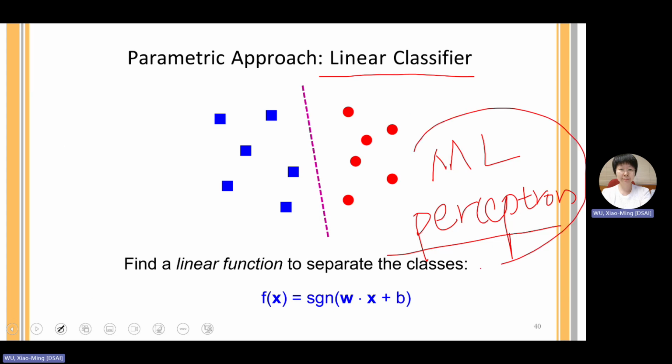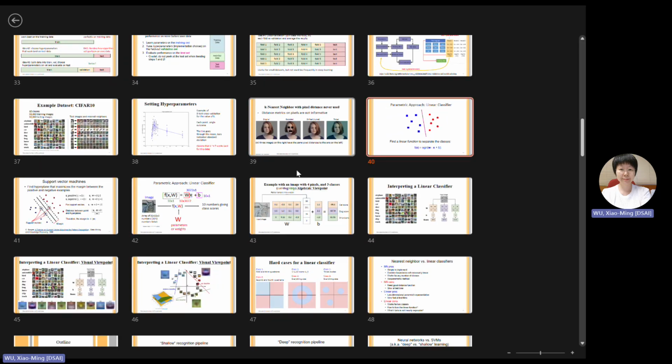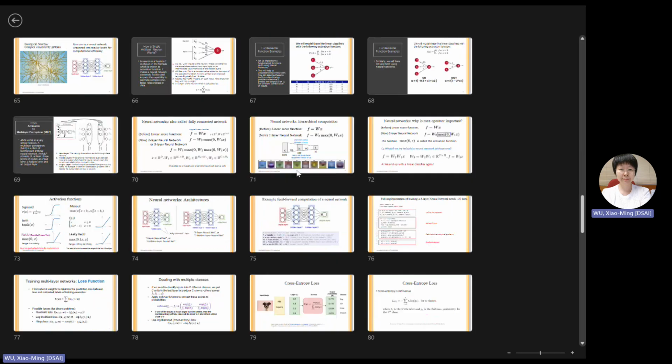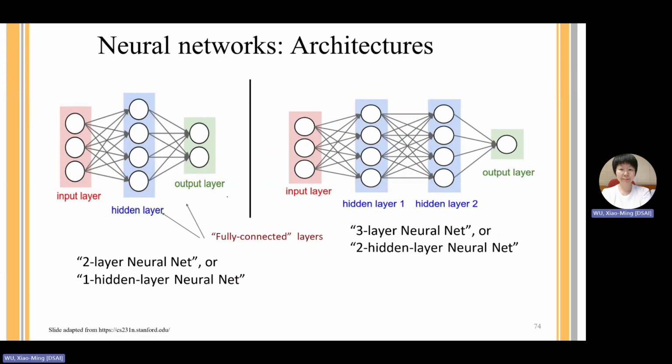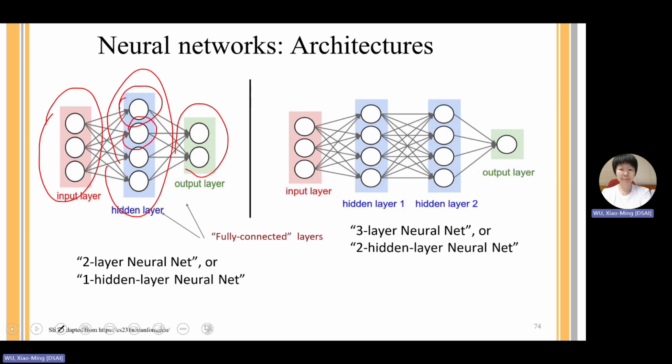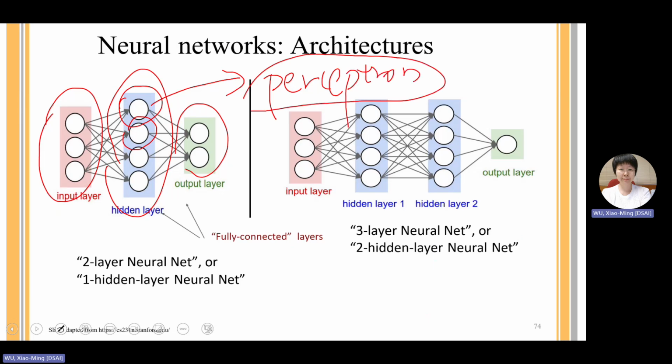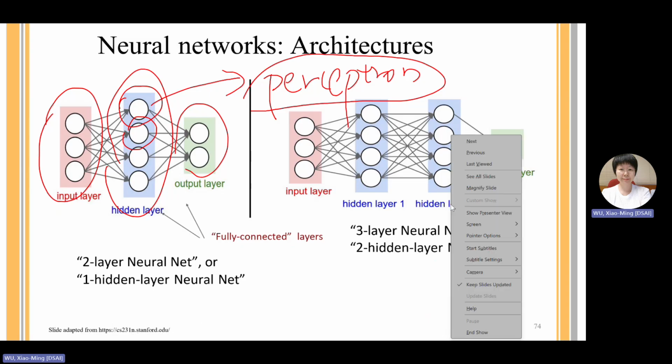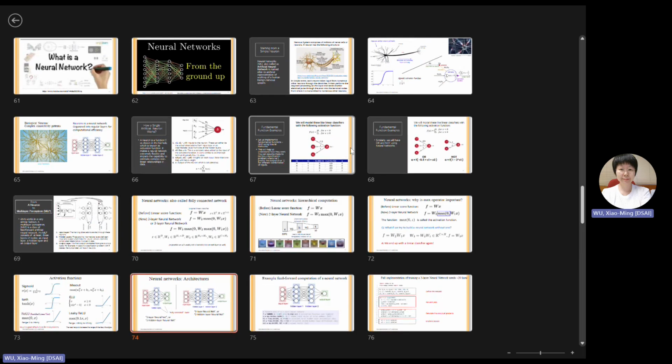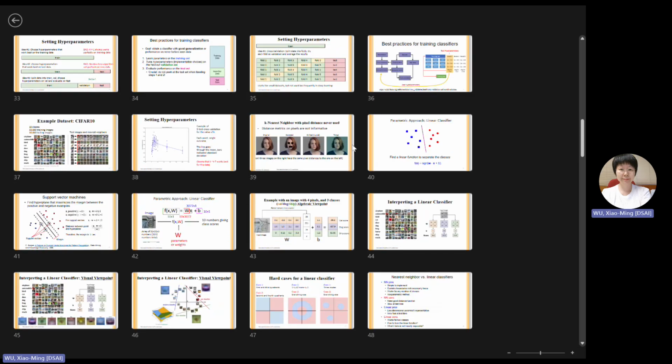A multi-layer perceptron represents a type of neural network like this, where each neuron in the network is a generalization of the perceptron algorithm. So that's why we want to start from the perceptron algorithm.